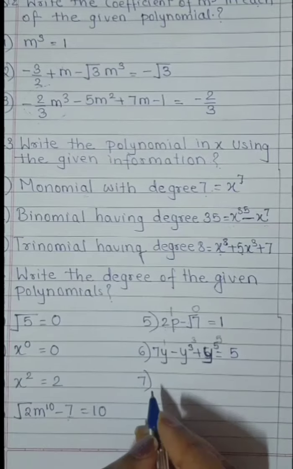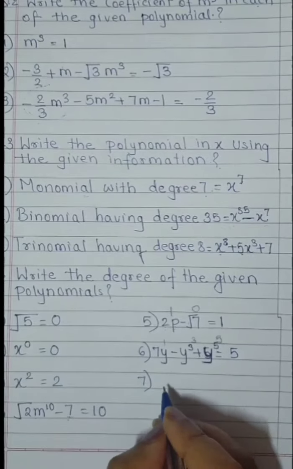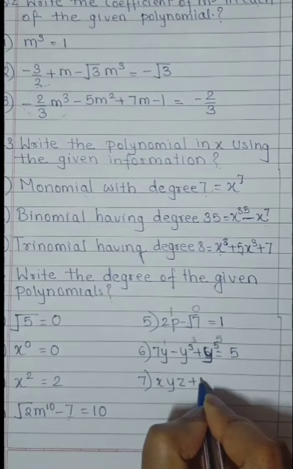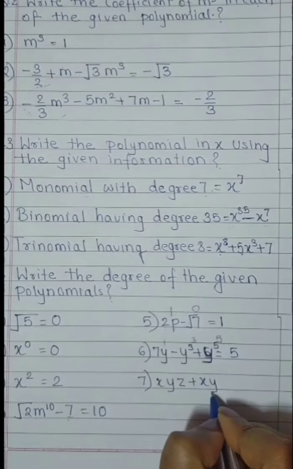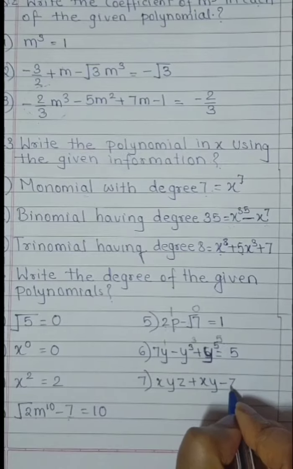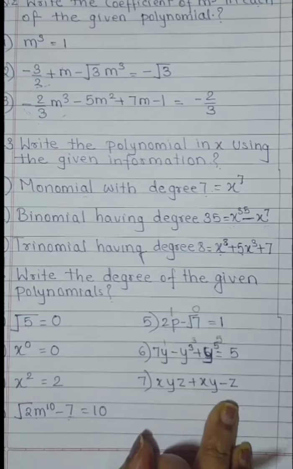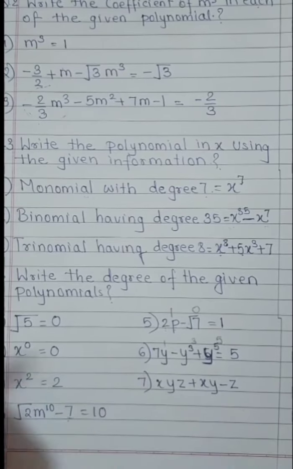Now seventh one is given x y z plus x y minus z. So we have to write here degree of this trinomial.